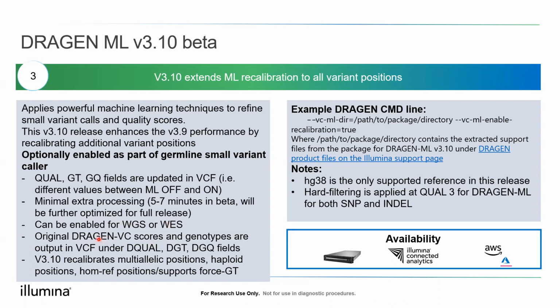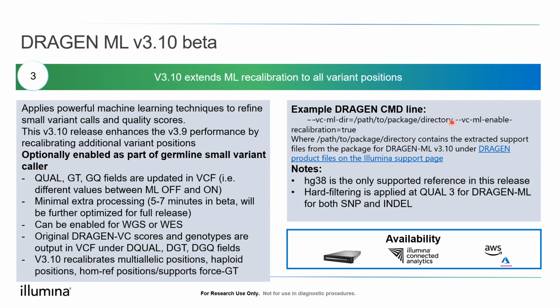While we are recalibrating some of these scores, the original DRAGEN variant call scores still stay. So in the recalibrated VCF that you get, you will still be able to see both the scores. The way to run it is very straightforward. We have the machine learning model available on our support page. You have to download it and install it on the DRAGEN server.